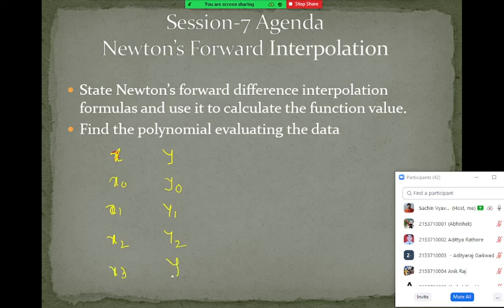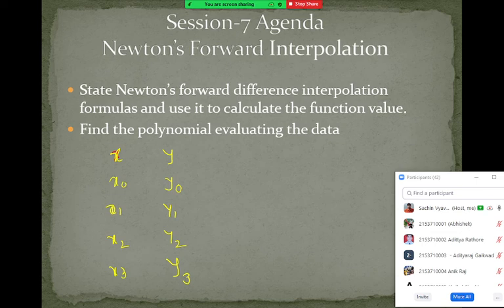Only these values are given. How many pairs of x and y are given? Not five, since x and y is the heading. There are 4 pairs, x0 y0 to x3 y3.